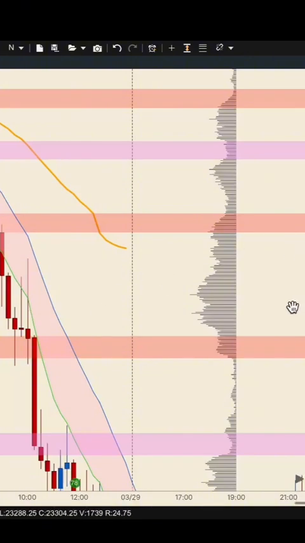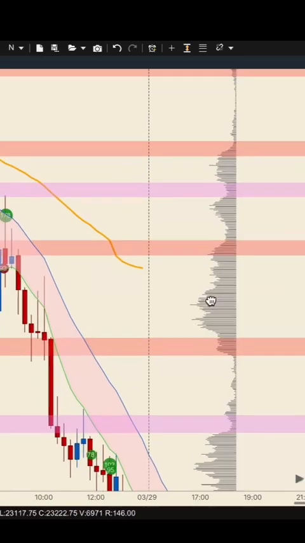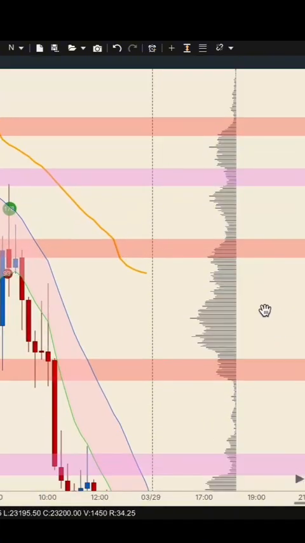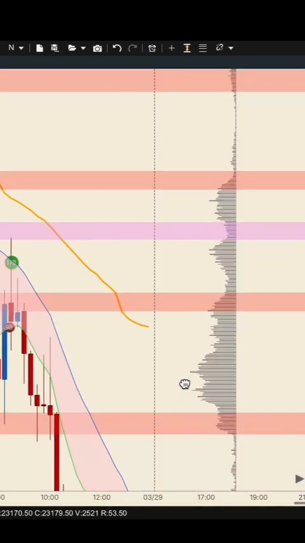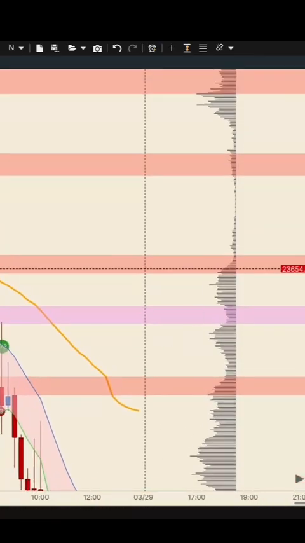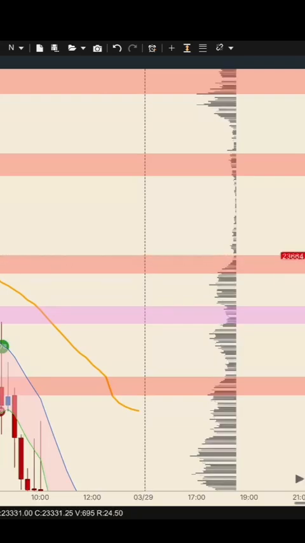I extended them to the body of the 15-minute candles because sometimes having a bigger zone can help you catch some trades. And with the shelf, you might not cover all the distance that you need if you only use a tiny shelf. And then just another LVN here, shelf here, looking good.